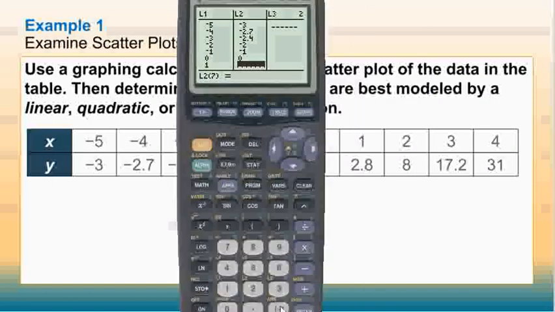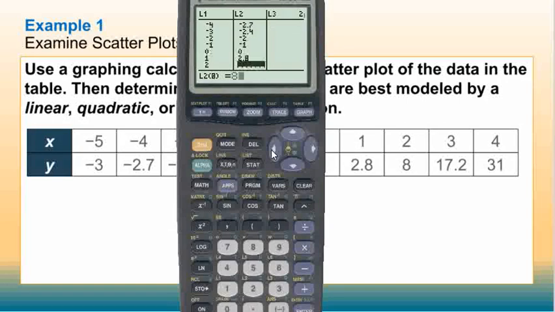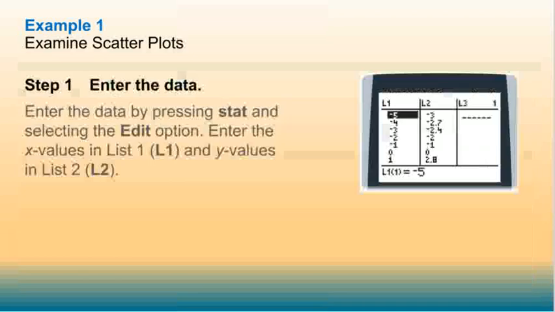Then we have positive 2.8, 8, 17.2, and 31. We just want to make sure we have the right amount in here. Now moving on to our second part. So we enter the data in here just like we did here.